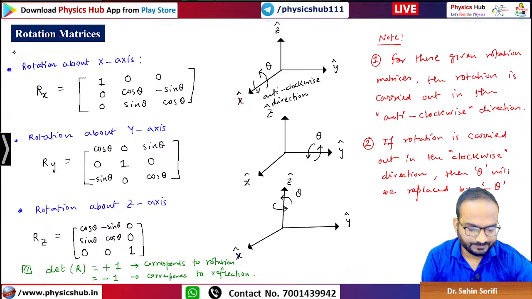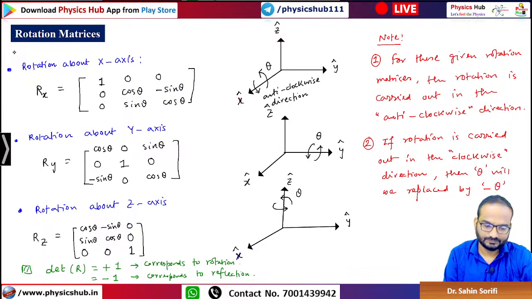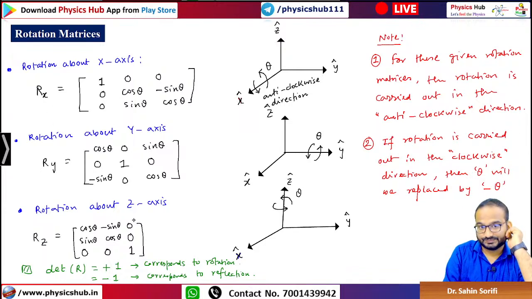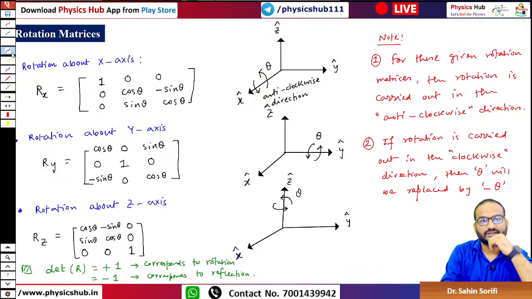So these two things you should keep in mind. Let's solve a problem. There may be some rigorous proof of obtaining these matrices, but you have to remember these matrices, okay. In your examination you have to directly use this. So what kind of thing can you expect here?